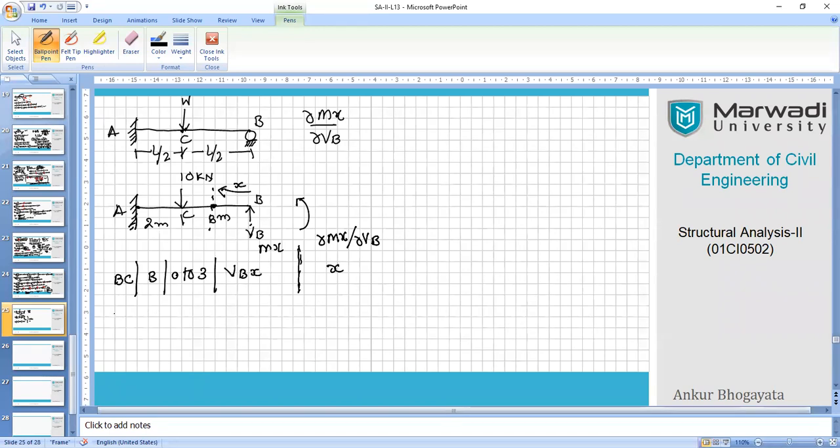Similarly, now let's continue to explore the other segment, C to A, where C is the origin, and the length is 0 to 2 meters. Now VB, now we are standing here, please understand. So we have traveled from, this is done, this story is over now, don't worry about it, right?